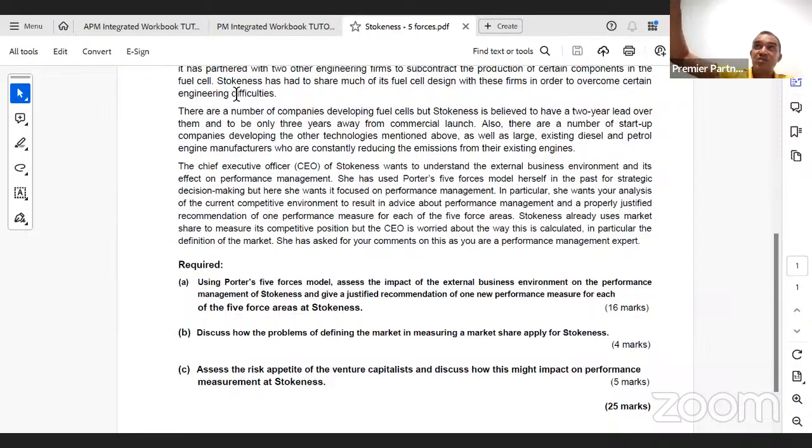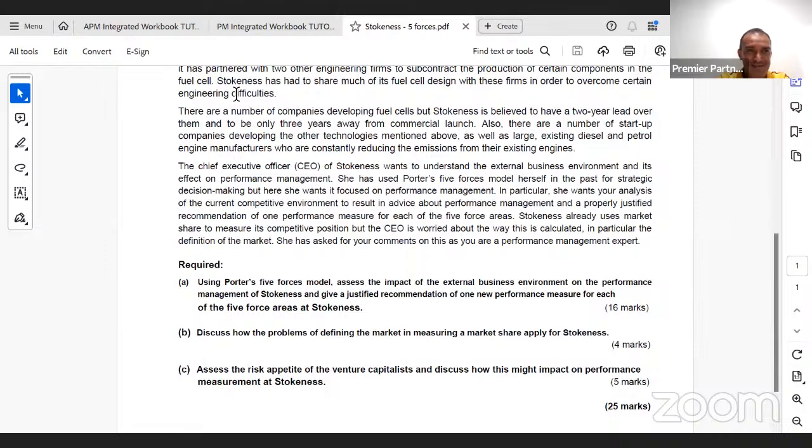If all the forces are strong, profitability is weak. If all the forces are weak, profitability is high. You understand? So all that is just for 2 marks, right?